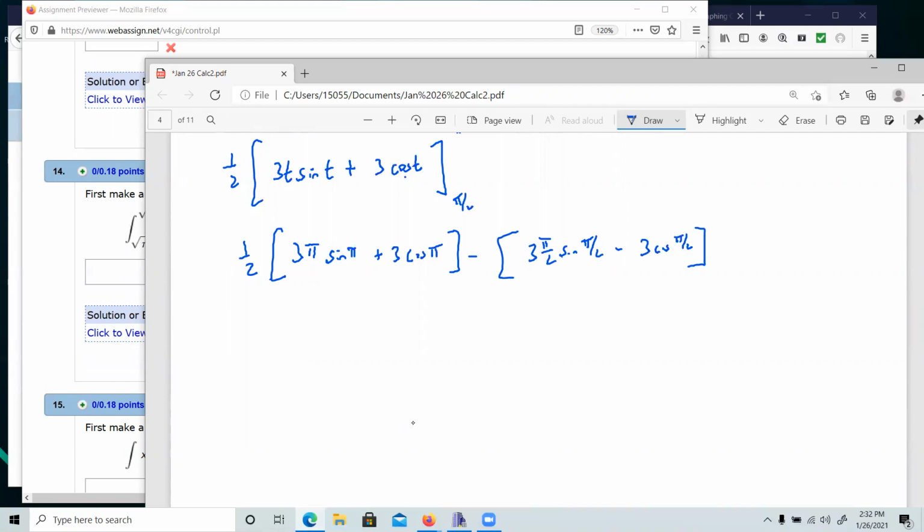So we can evaluate this. What is sine pi? 0. We have 1/2 times 0, and cosine pi is negative 1. Minus sine of pi over 2, that's 1, so this is 3 pi over 2. Minus, and then cosine of pi over 2 is just going to be 0.